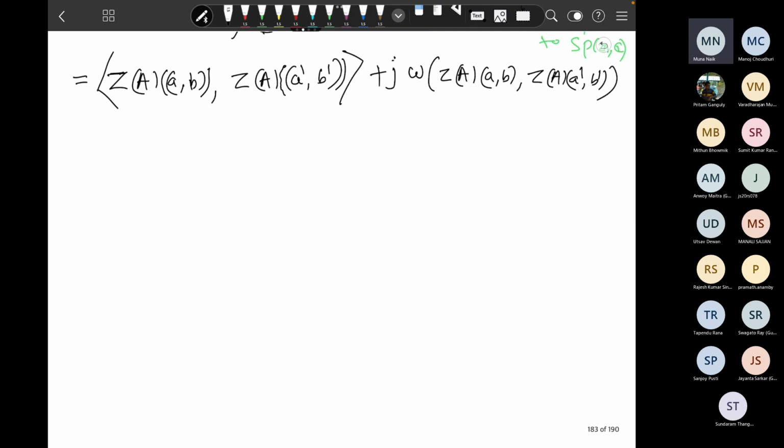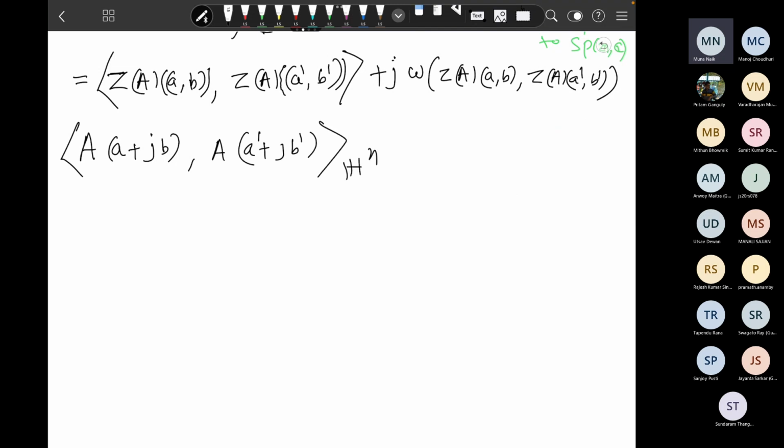So what I am getting, A plus JB into A plus JB′, A′ J′ B′, inner product in Hn.